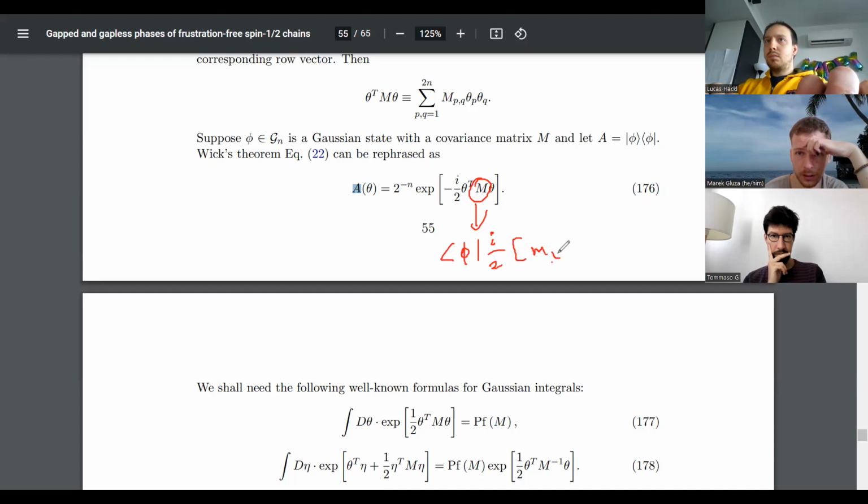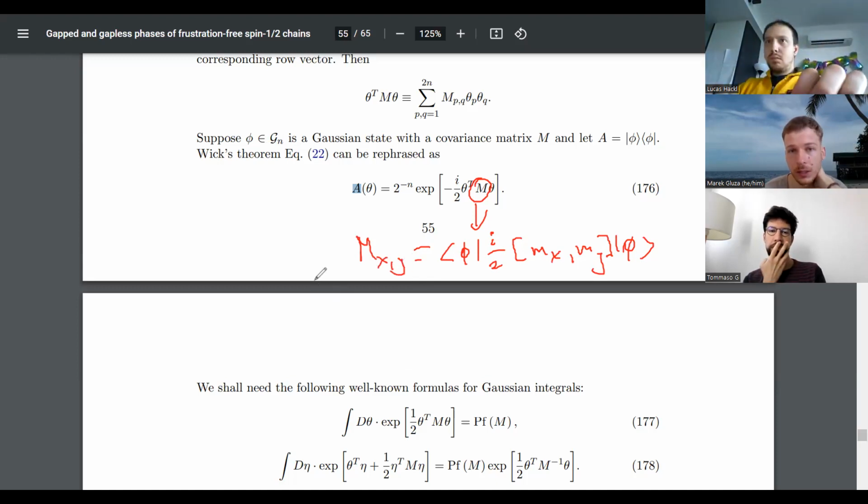So you just take MX, MY, the commutator of the stuff I have, phi, phi, and this defines for you this M_XY matrix. Okay, so this is not stated in this paper, but there's much more behind it.